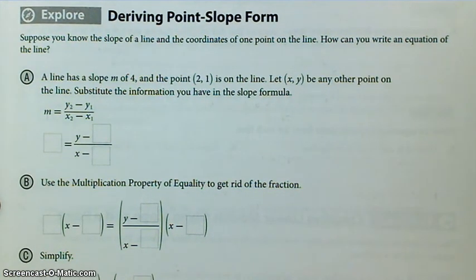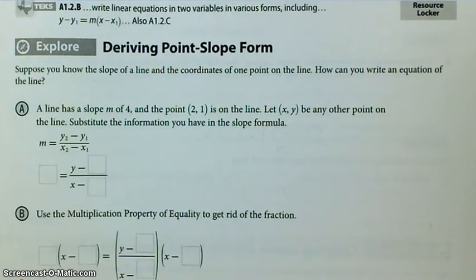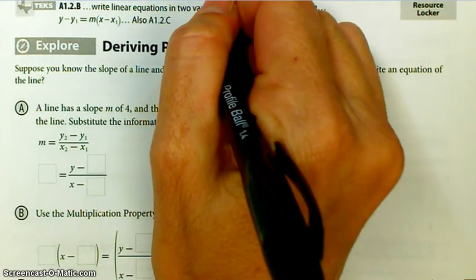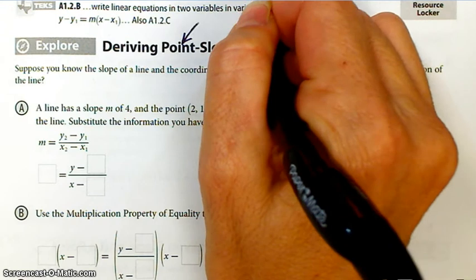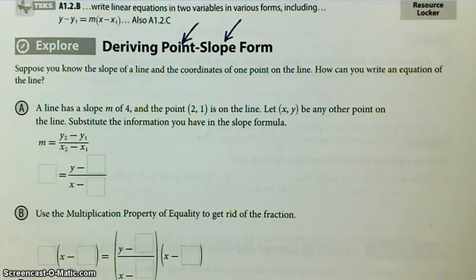Basically, they're showing you how to put some information together to get point-slope form. Literally, it's point-slope form because it's great if you have one point and you're given the slope. Okay?